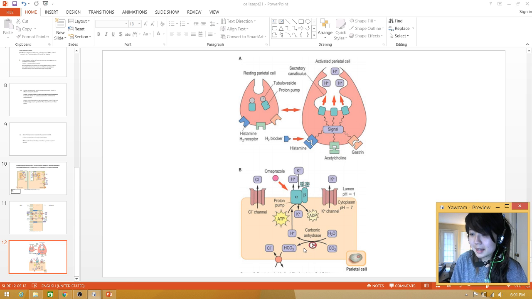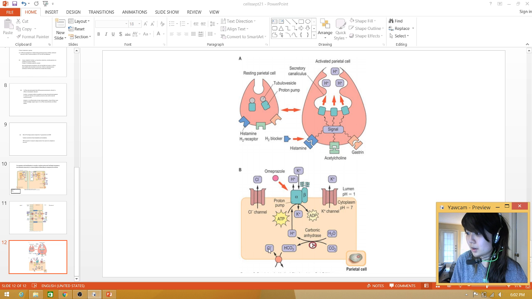Now going back, bicarbonate seen right here is the second product of that reaction between water and carbon dioxide. So bicarbonate is going to be transported out of the cell, and in turn chloride is going to be pumped into the cell.